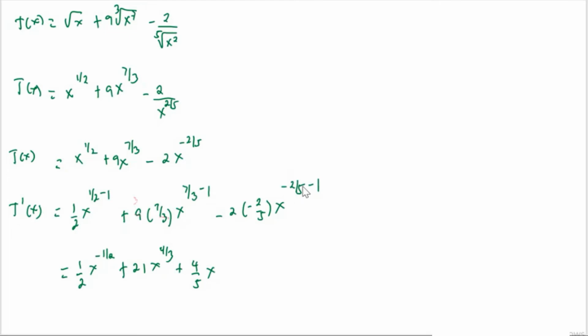So negative 2 minus 5 is negative 7 over 5. Now, if I want to write the answer in terms of positive exponents, we have T prime of x equal to 1 over 2x raised to 1 half plus 21x raised to 4 over 3 plus 4 over 5 of x raised to 7 over 5.